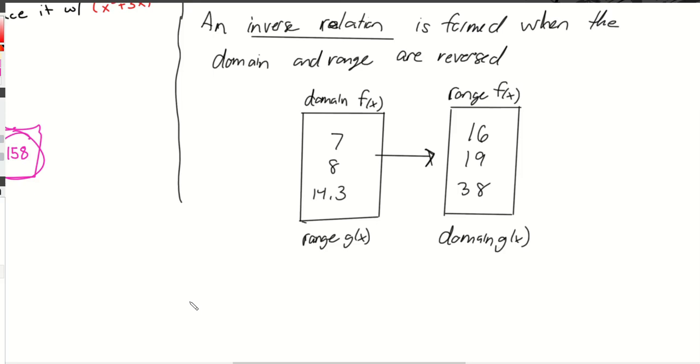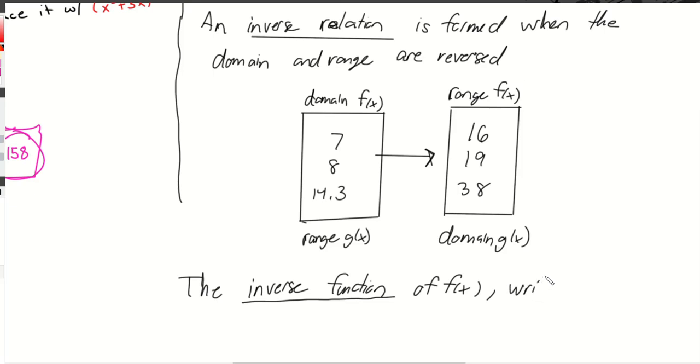Now there is a notation that we have to remember for inverses. So the inverse function of f of x was g of x in this situation. But we don't really write g of x anymore. We write it as, I'm going to write it first.